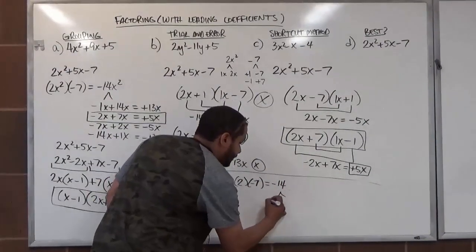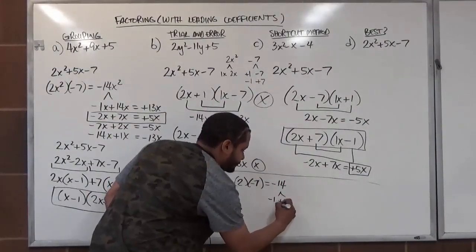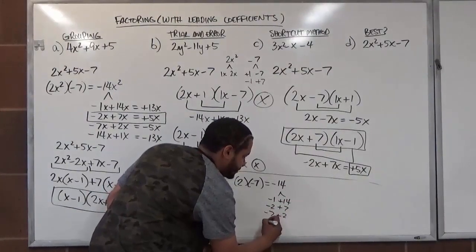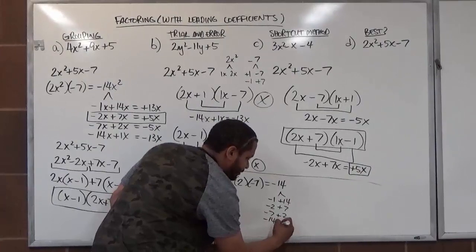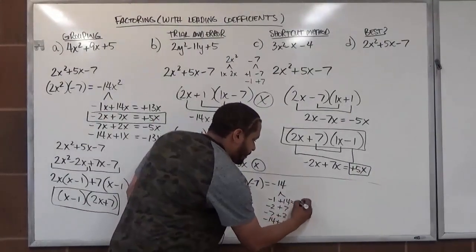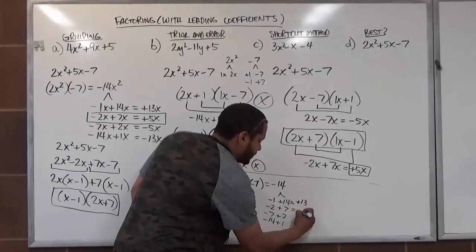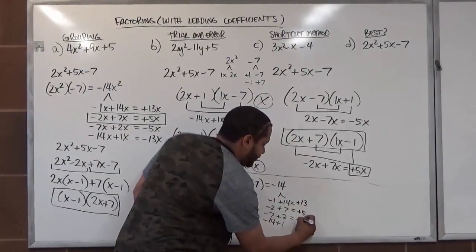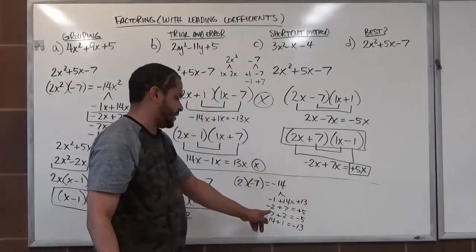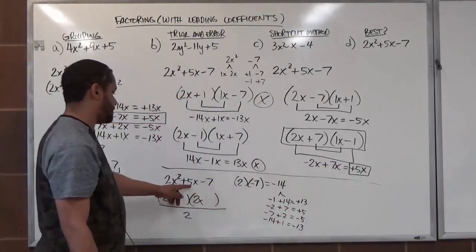So again, we have negative 1, 14. We have negative 2, 7. Negative 7 and 2. And negative 14 and 1. And the correct one for this, we'll just add them all up. We have positive 13, positive 5, negative 5, and negative 13. The correct one is going to be negative 2 and positive 7 because it's plus 5.